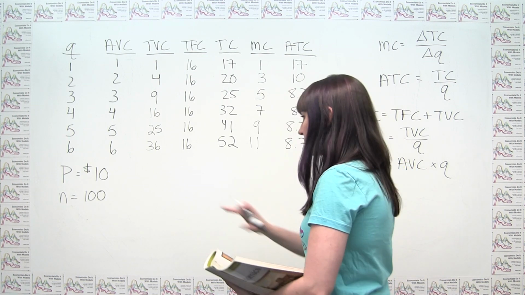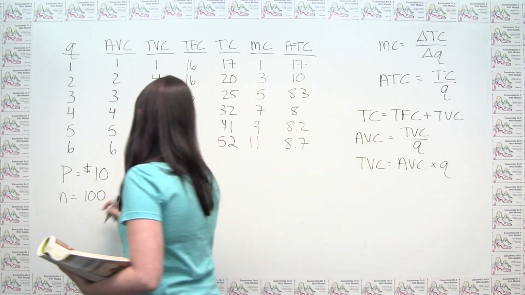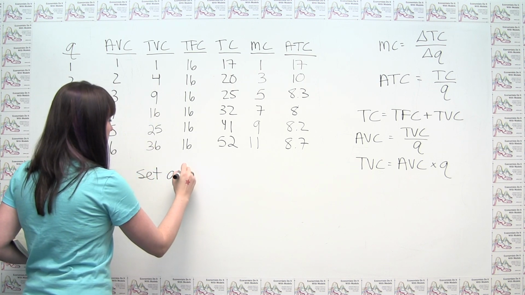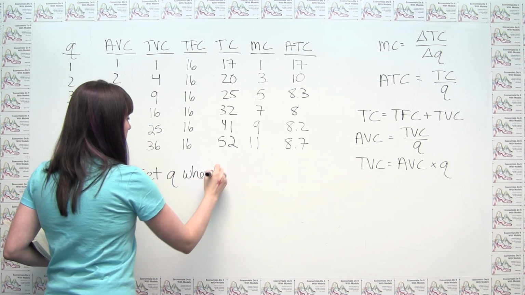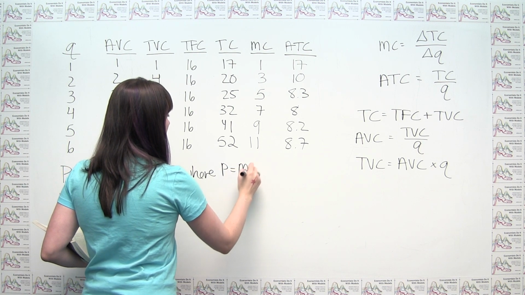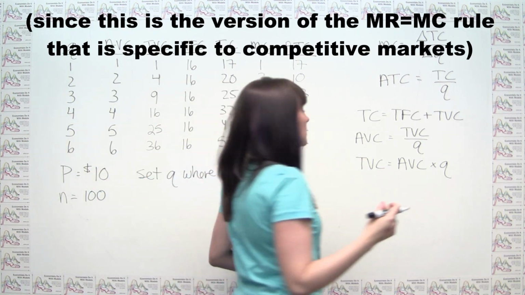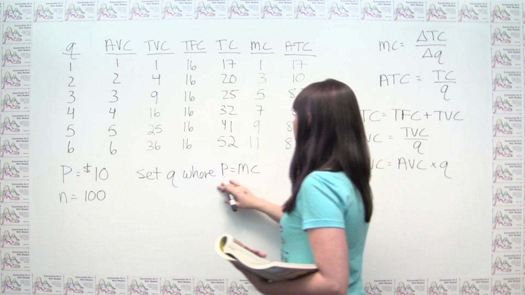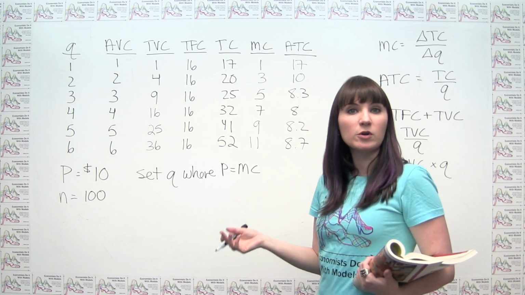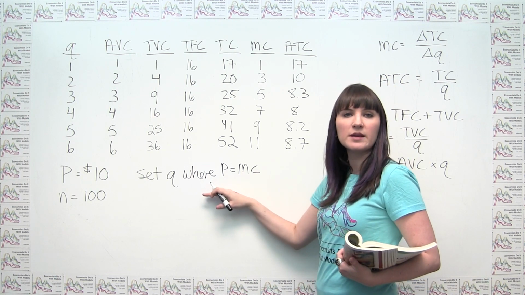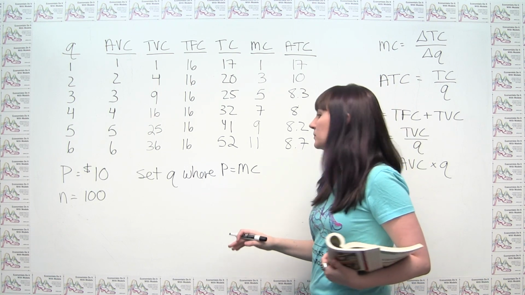So we say here, the firms are going to set their individual quantities where price equals marginal cost, assuming, of course, that they're not going to shut down. As long as their price is covering their average variable costs, they're going to produce some positive output. So we're just going to check that once we find out what this optimal quantity is.